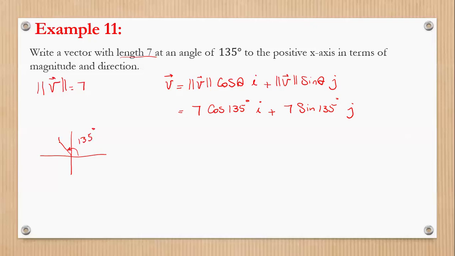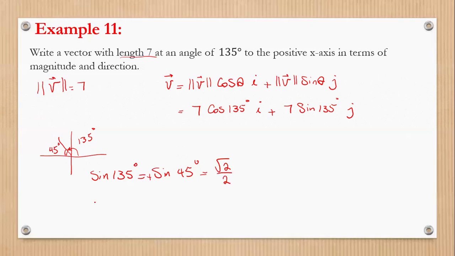To find the sine and cosine of 135, I can use the reference angle, which is 45 degrees. Which means the sine of 135 degrees should be the same as the sine of 45 degrees. But we have to pay attention that 135 is an angle in the second quadrant, and in the second quadrant the sine is positive, so I keep it positive, and the sine of 45 is root 2 over 2.